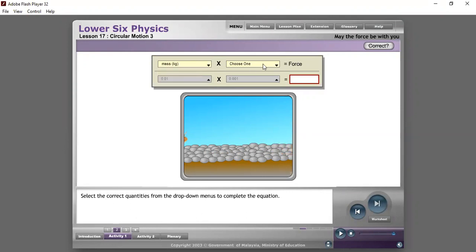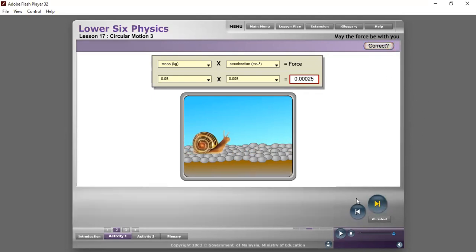Force is equal to ma, as we know. If we choose the highest a, m is 0.05 times the acceleration of 0.005. So we get 0.00025. Okay, is it correct?